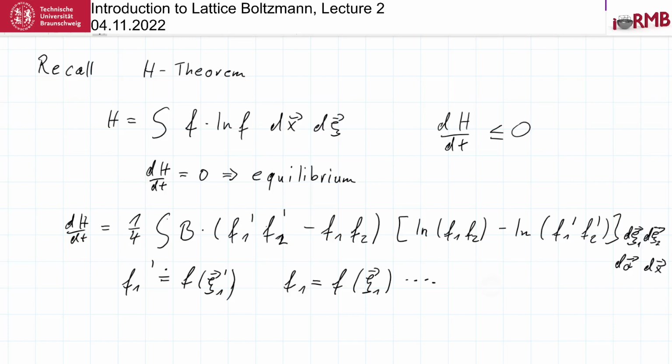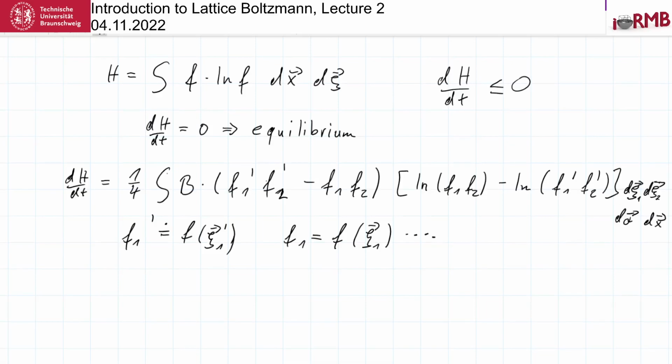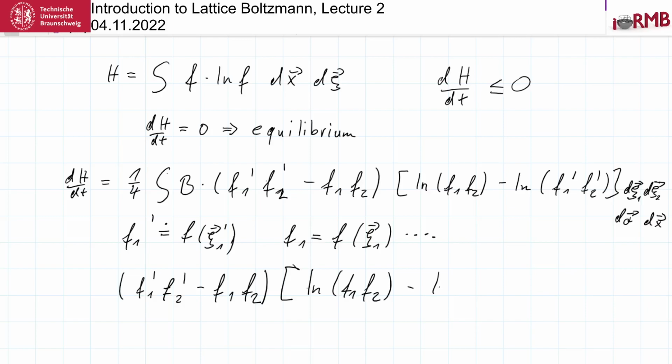The important thing that we discovered, or the reason why this goes in one direction, is that F1 dash F2 dash minus F1 F2, times ln F1 F2 minus ln F1 dash F2 dash, is smaller or equal to 0.